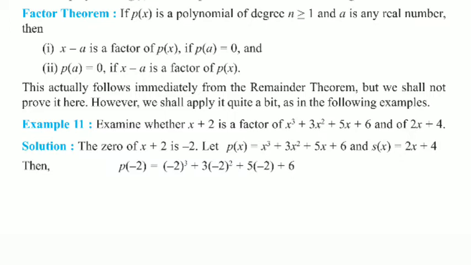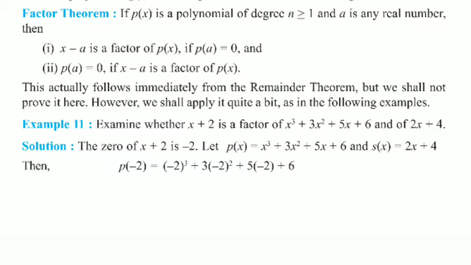In remainder theorem, we have already studied that p(a) is equal to 0. It means whatever the value of the variable that we are putting there, we will get 0. So p(a) is equal to 0 if x minus a is a factor of p(x).